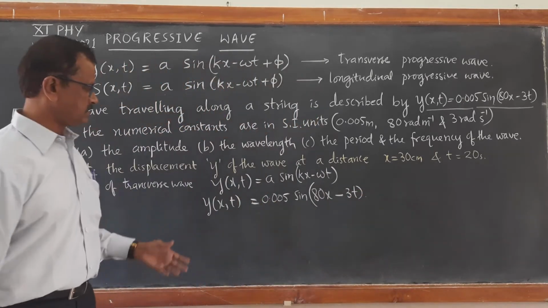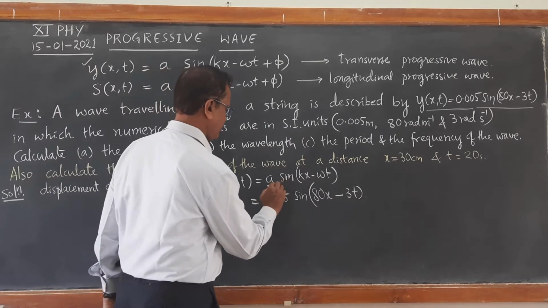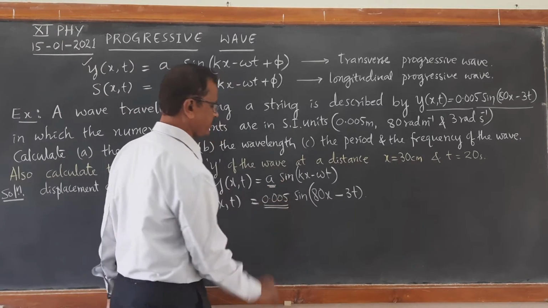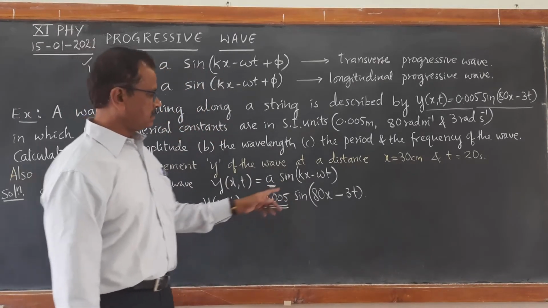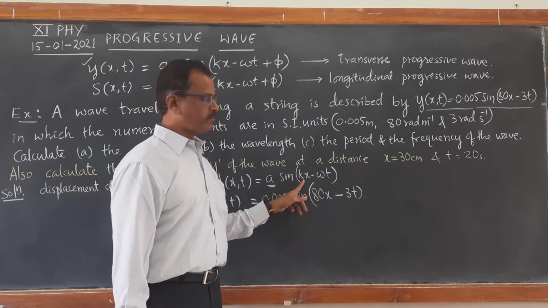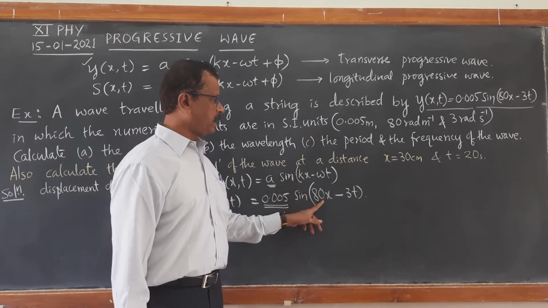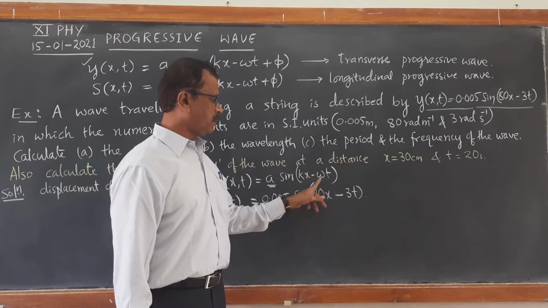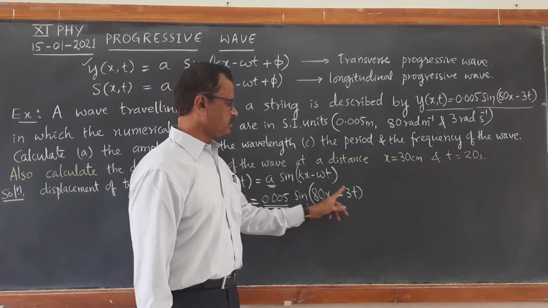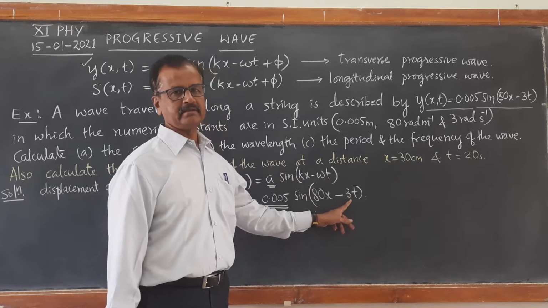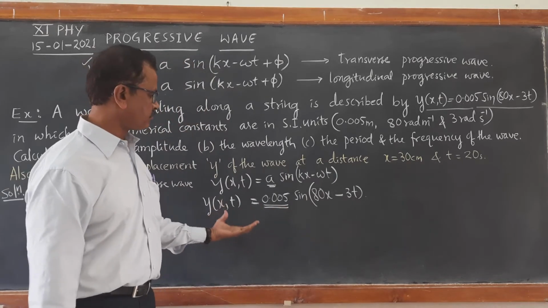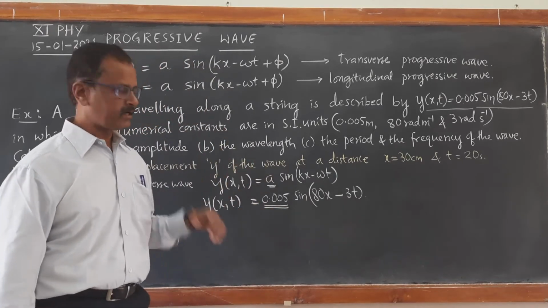So from this we can have a comparison. Amplitude is equal to 0.005 meter. Angular wave number is equal to 80 radian per meter. Angular frequency is equal to 3 radian per second. That is readily available from comparison with the standard equation.